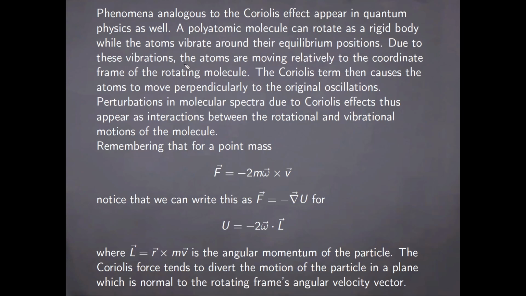Due to these vibrations, the atoms are moving relative to the coordinate frame of the rotating molecule. The Coriolis term then causes the atoms to move perpendicularly to the original oscillations. Perturbations in molecular spectra due to Coriolis effects thus appear as interactions between the rotational and vibrational motions of the molecule.